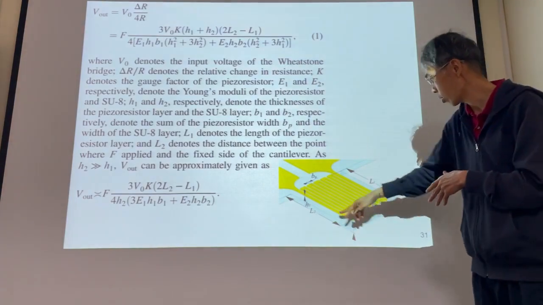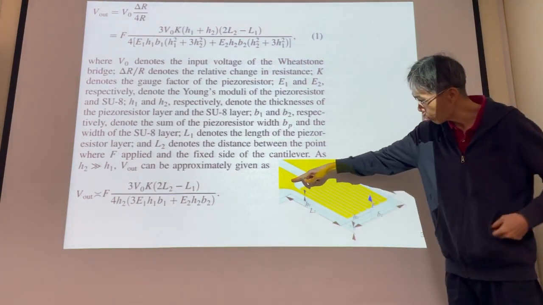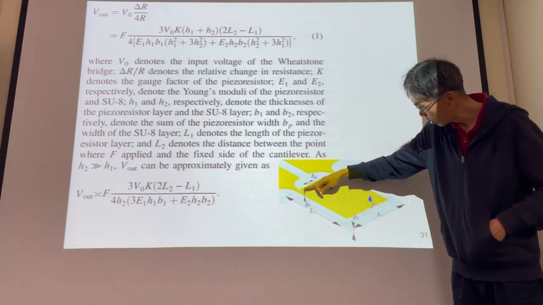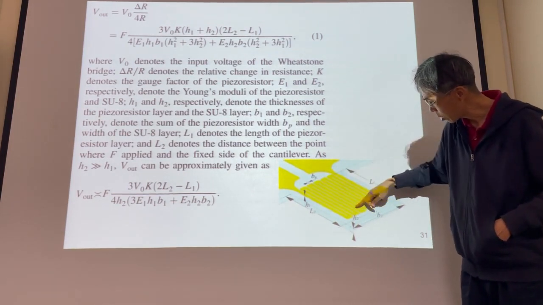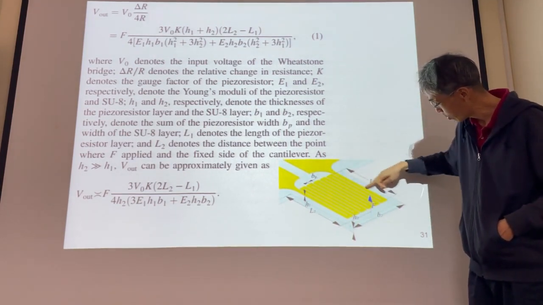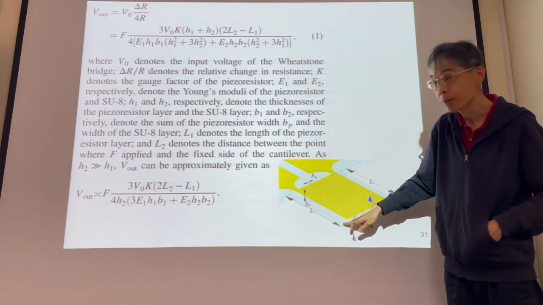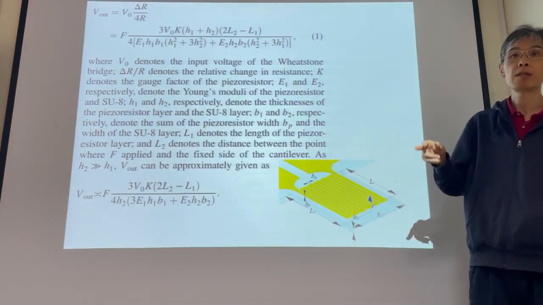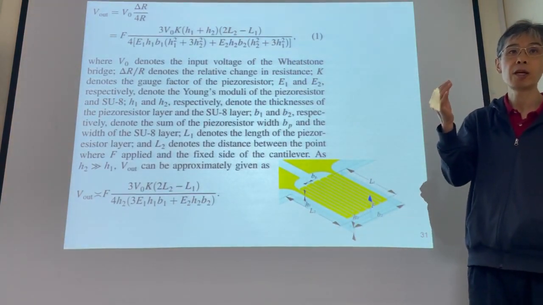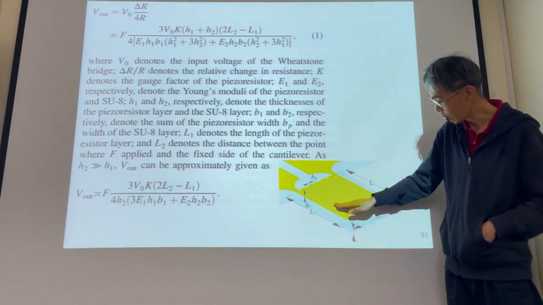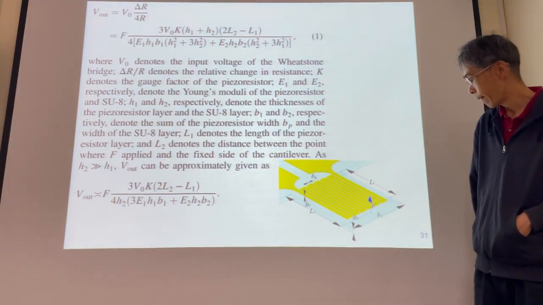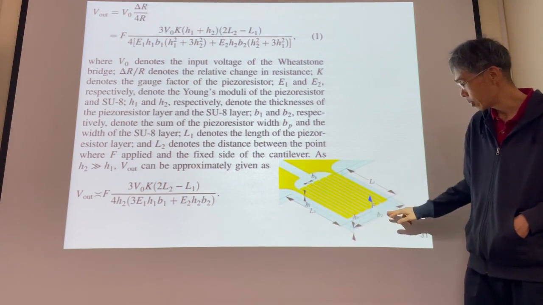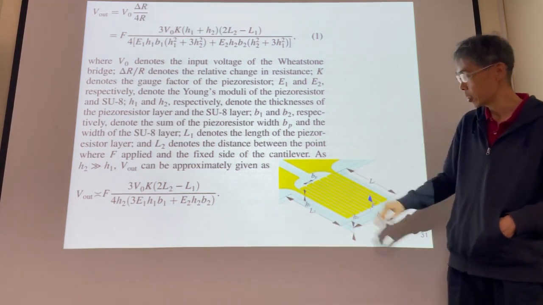So for the layered structure, the cantilever beam, the yellow part is the copper, going in this serpentine formation, and the light blue part represents the SU8 structural layer. So copper on top of the SU8. We have the dimensions marked on this schematic figure.